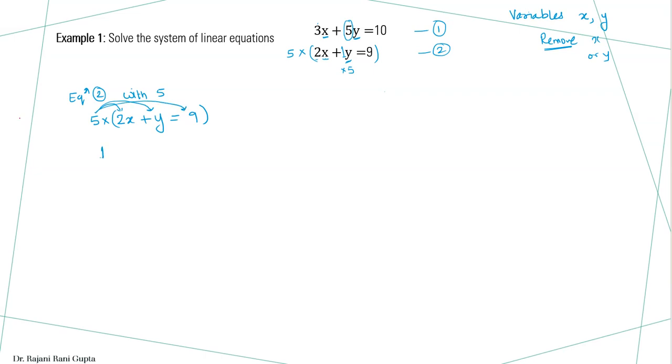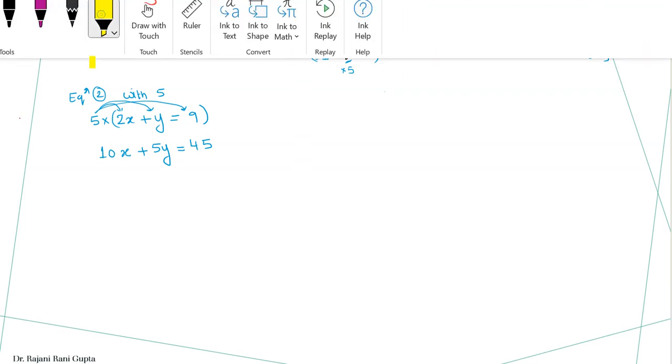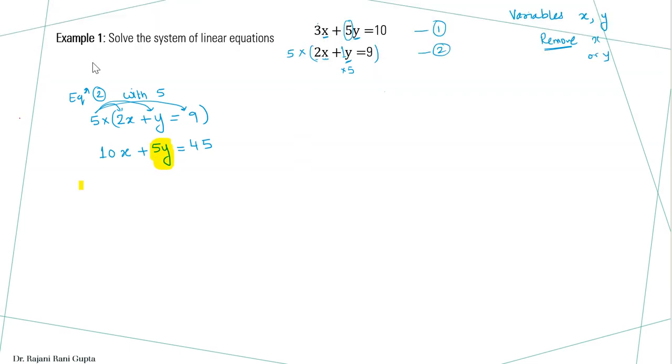So 5 times 2 gives you 10x plus 5 times y gives you 5y equal 9 times 5 gives you 45. So now if you look at here, what you get, the term with y is 5y on the positive side. In the first equation also it is 5y. So yes, it's the same. So this is the new equation for equation number 2.